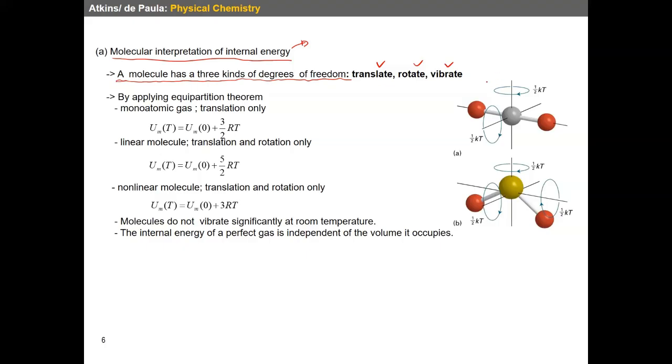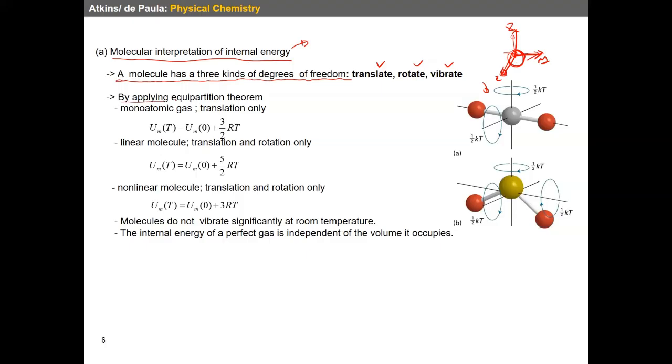If some kind of energy is applied to the system, then there are three axes, X, Y, Z, along which the atom can move. So if energy is applied to this system, the atom can have kinetic energy through these three different axis directions.